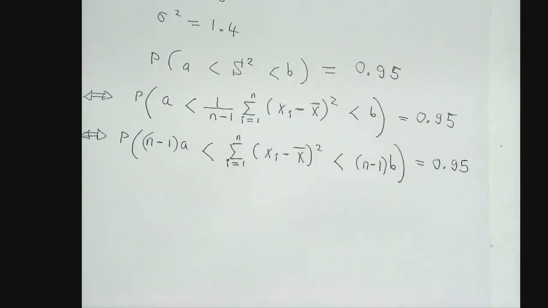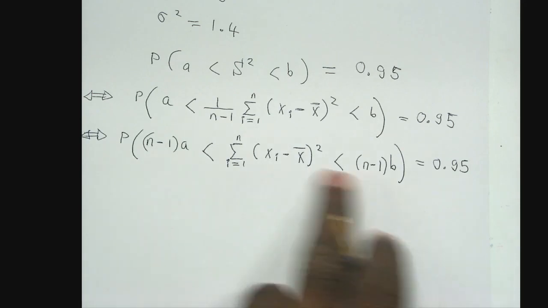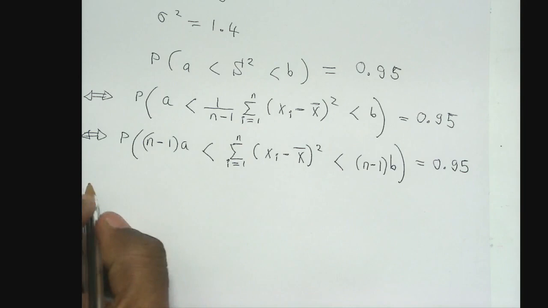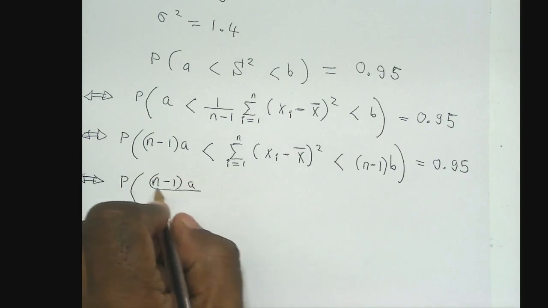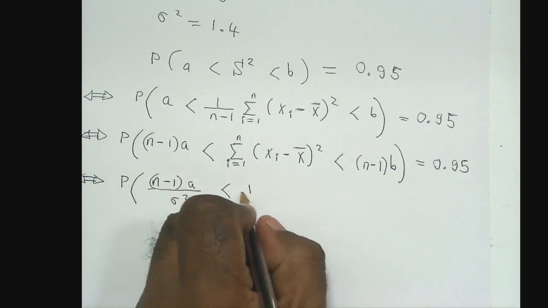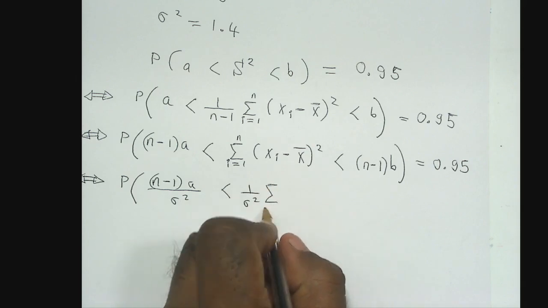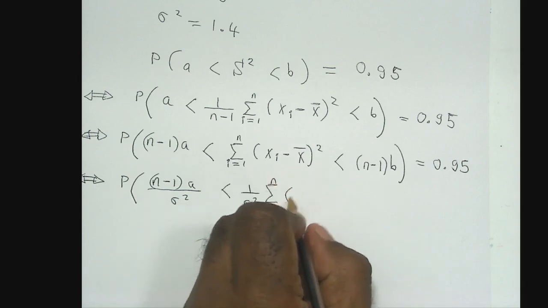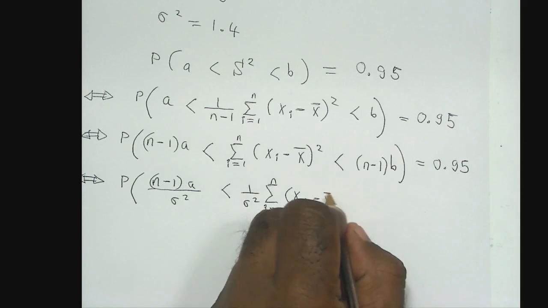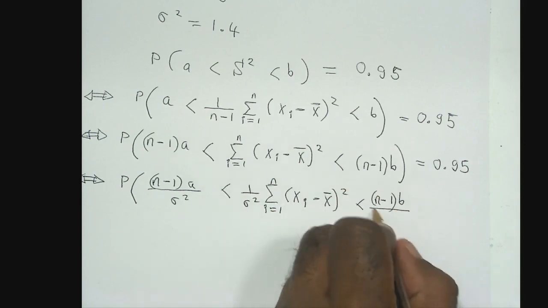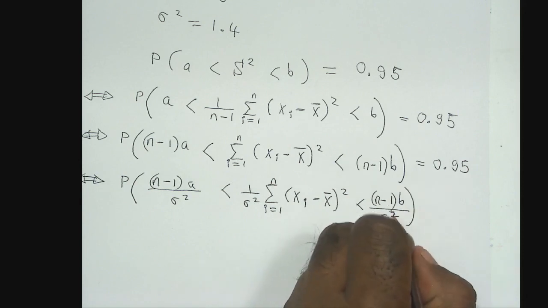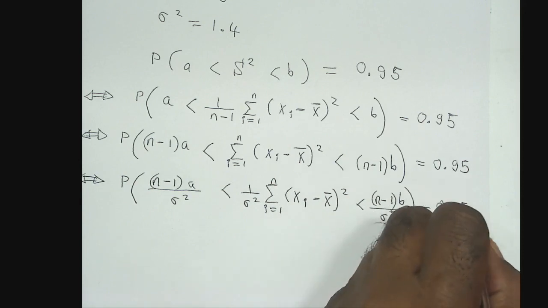And the next thing I'm going to do, you see why I'm doing this in a minute, is divide each of these terms by sigma squared, because I want to use a particular result.